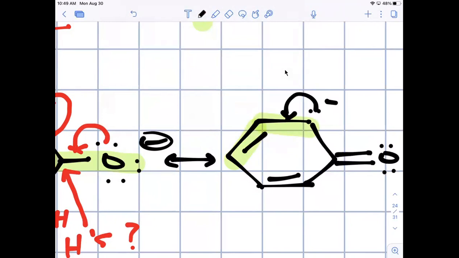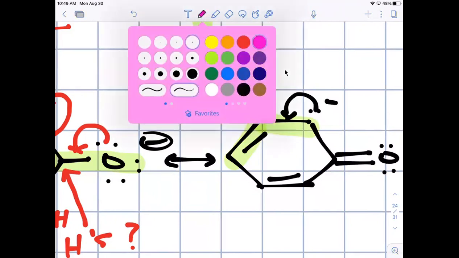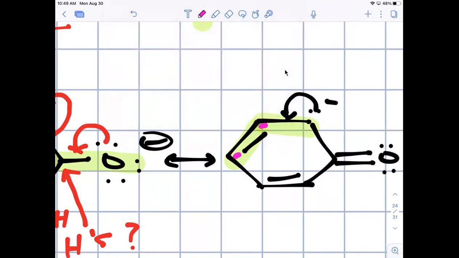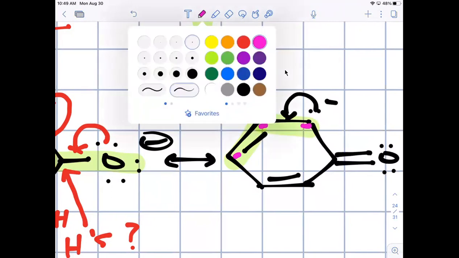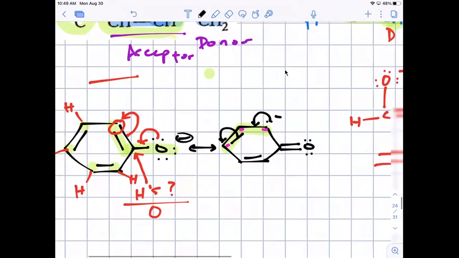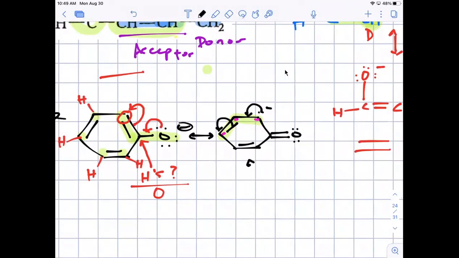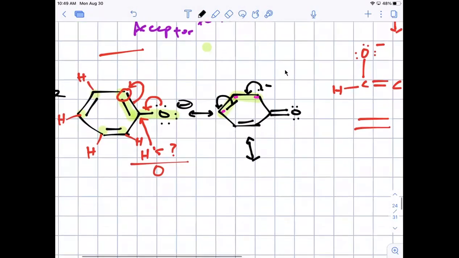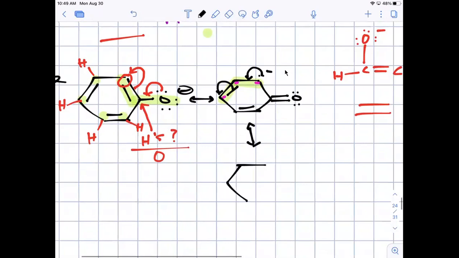And again, because it's these three atoms here, that terminal carbon is going to get that pair of electrons. So I'm going to share right here on that carbon. Boom, just like that. So then my resonance form is now going to look like this. And I'm going to have a pair of electrons here with a charge.